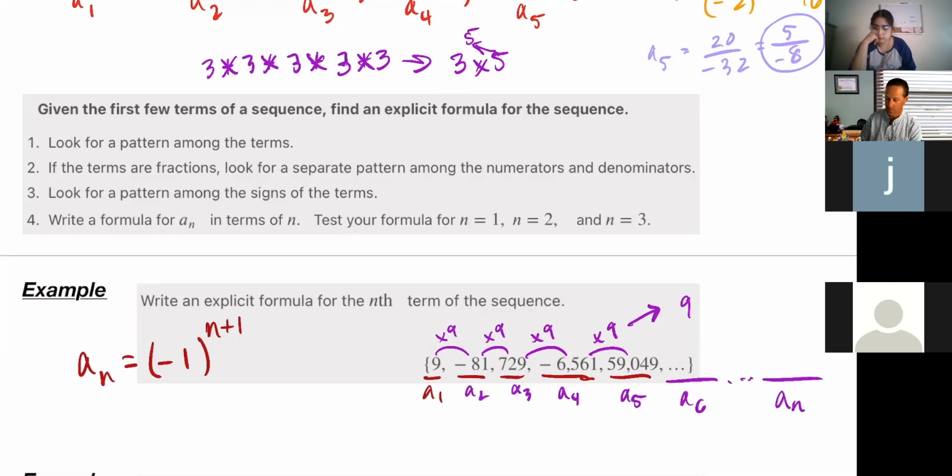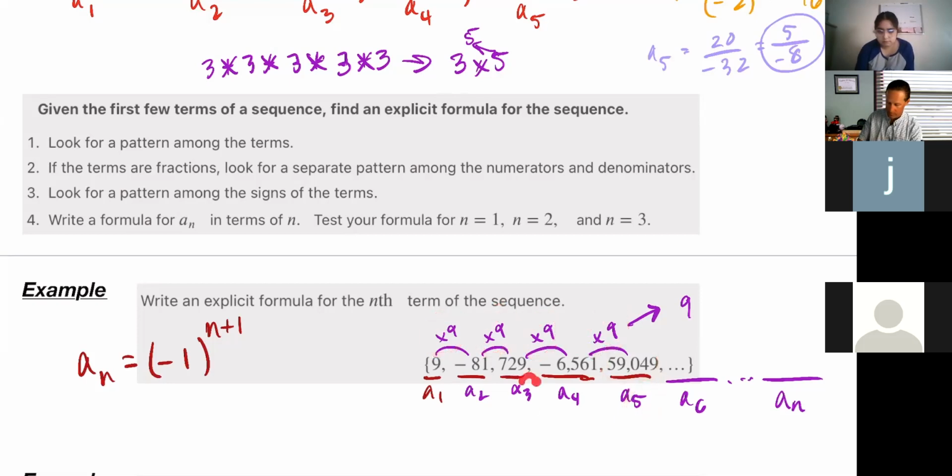It's going to be any number of terms. But notice, how many times would we have multiplied by 9 to get the sixth term? N plus 1. Close. How many times did we have to do it to get to the fifth term? 4.